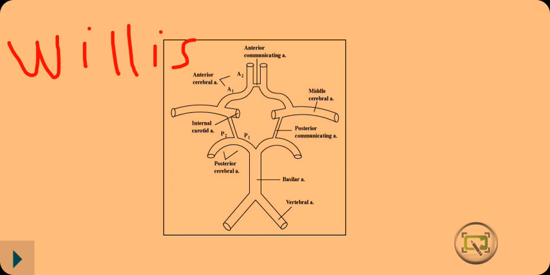That's a brief introduction. For you to understand, you can go back to the previous video, go through it, then you'll be able to understand this one, the circle of Willis.